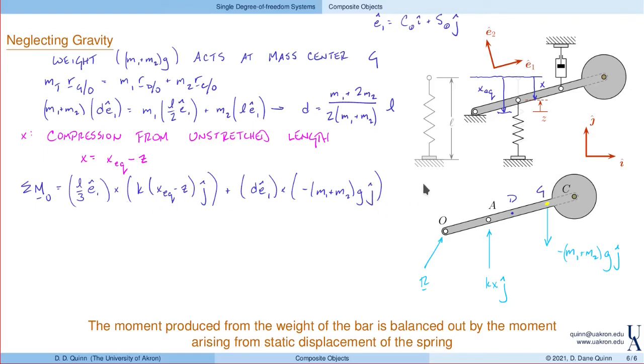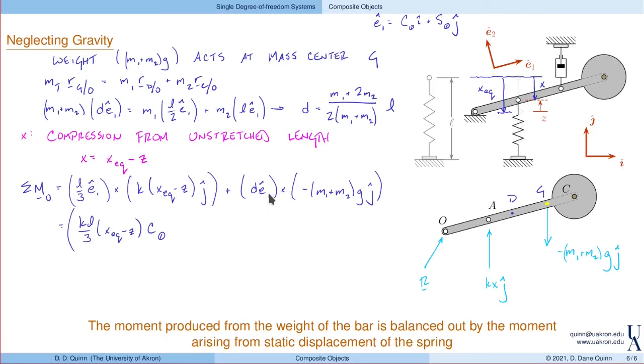Because I want to include the trigonometry here, and then I'll show how that drops out when we linearize. This moment reduces to the following. E1 cross j, well, that's going to be i cross j, which is equal to k. Right, so I have k L over 3 x equilibrium minus z times cosine of theta. Right, and that's all going to be in the k direction.